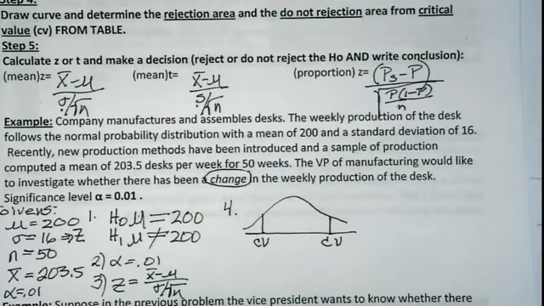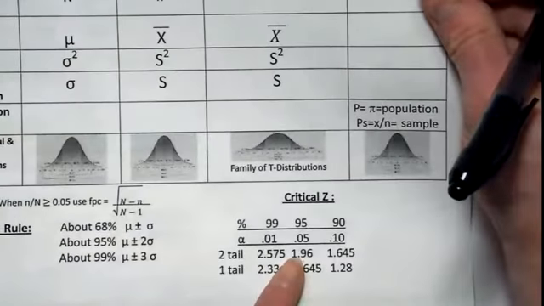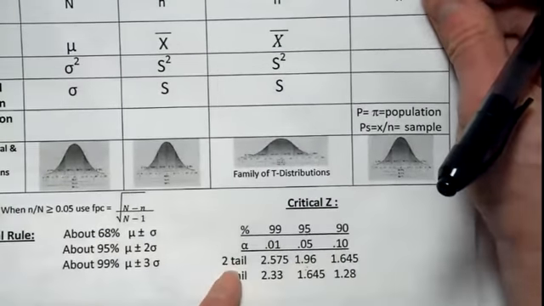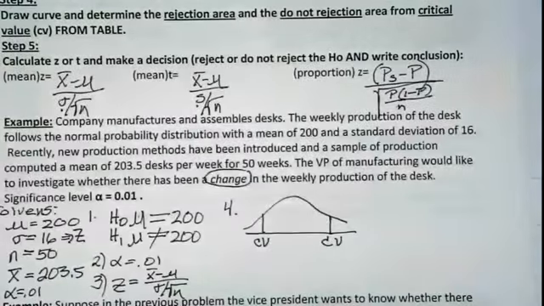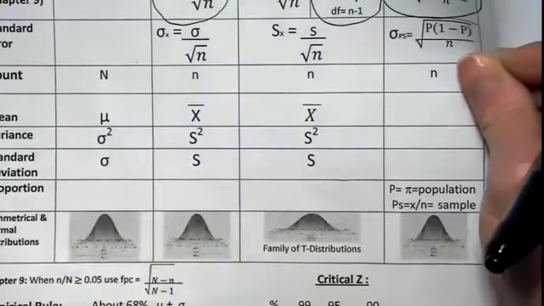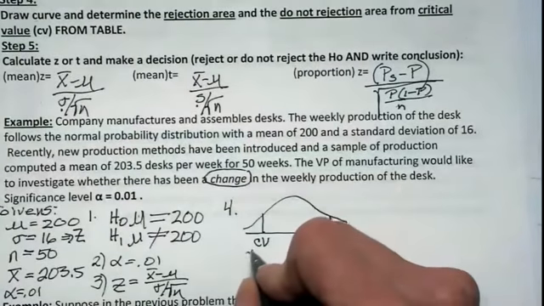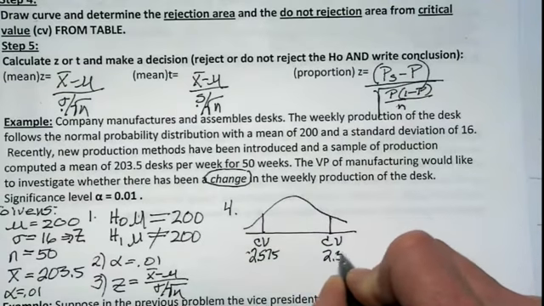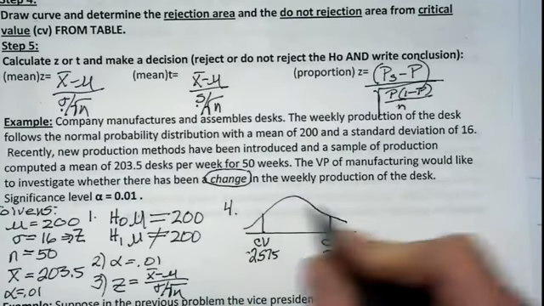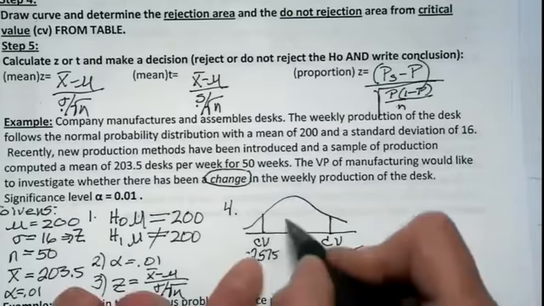Okay. What is it? We can look at, since it's Z, it's a two tail at 0.01, so it's 2.575. Negative 2.575 and a positive 2.575. That's my critical value.